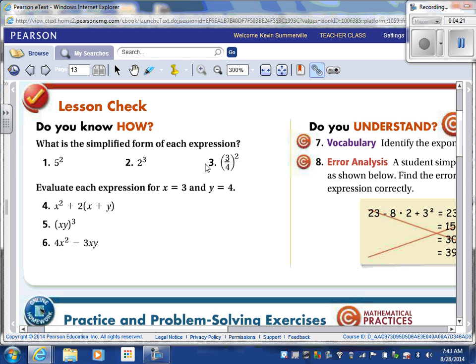It goes with the top number, and it goes with the bottom number. So you're taking 3 times 3 on top, and 4 times 4 on the bottom. So go ahead and write that down.